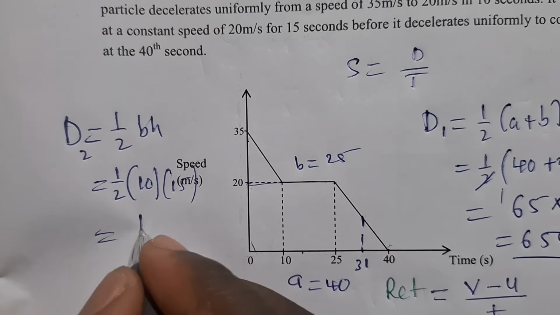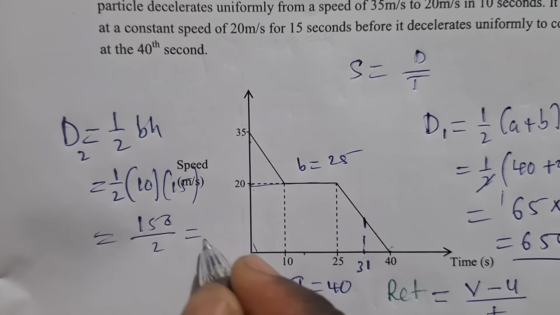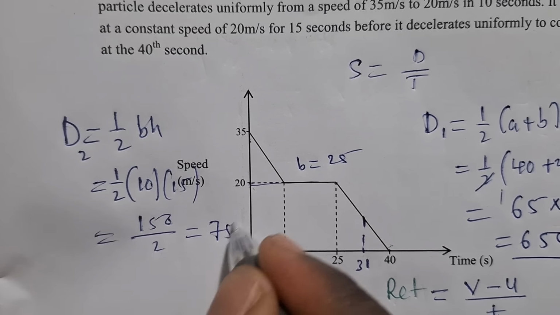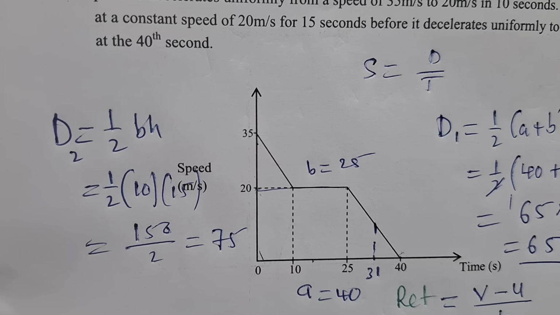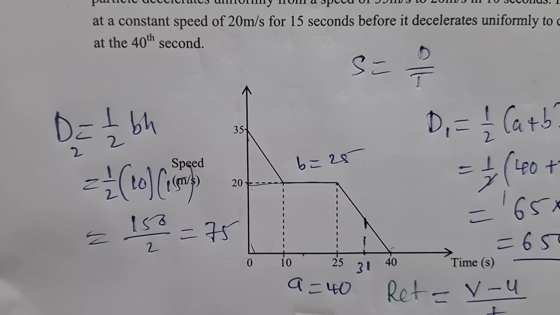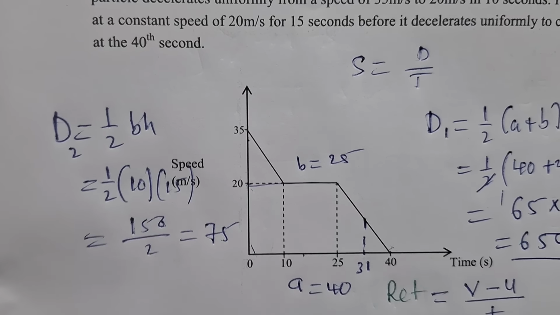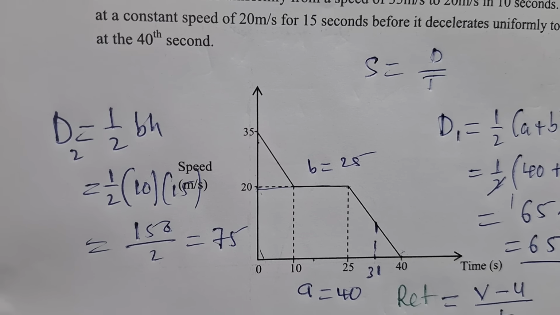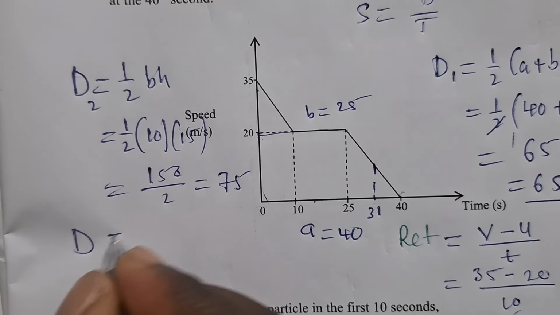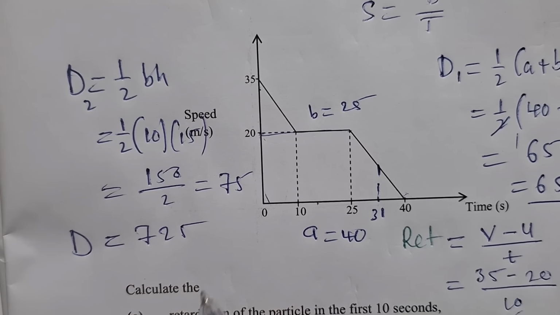When we multiply, we're getting 150 divided by 2. So 150 divided by 2 is 75. So that's the distance, 75. Now distance 1 plus distance 2, we're getting 725. So total distance is 725.